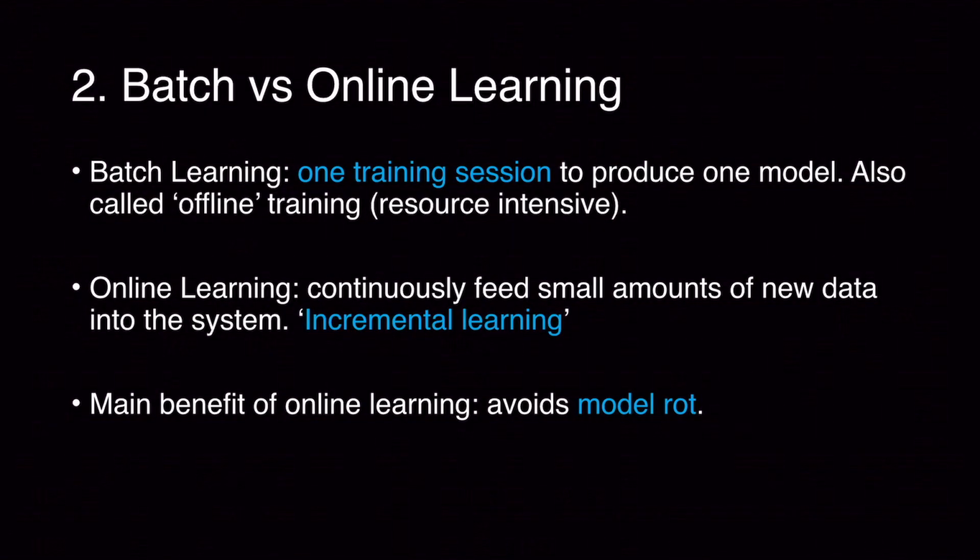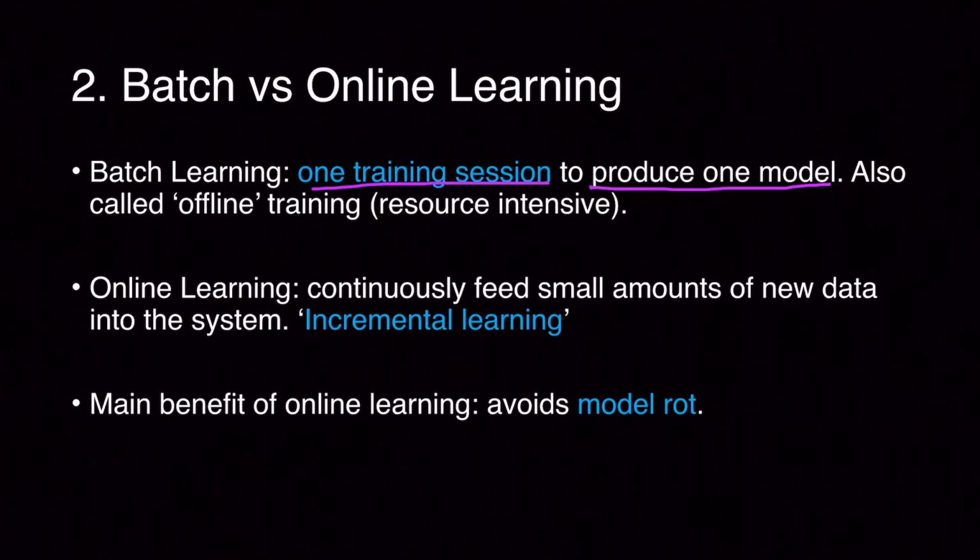The second classification of machine learning is how it learns, so batch or online learning. Batch learning has one whole training session to produce one whole model. And if you would like to update the model with new data, you would have to repeat the whole training session.